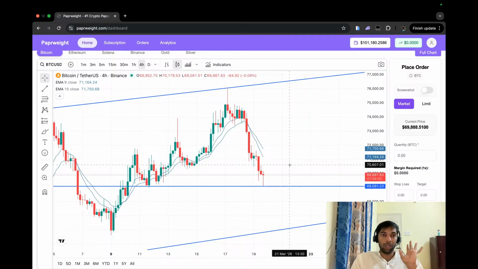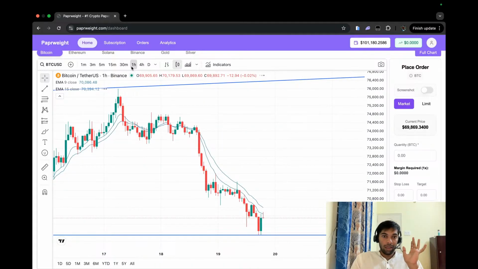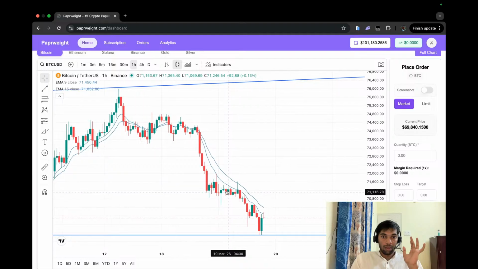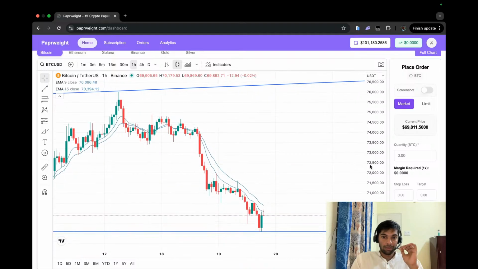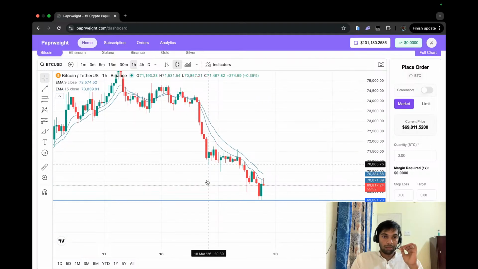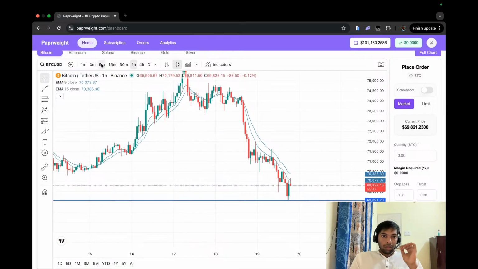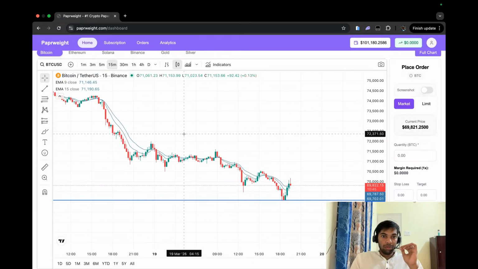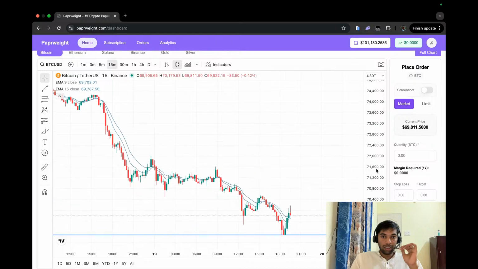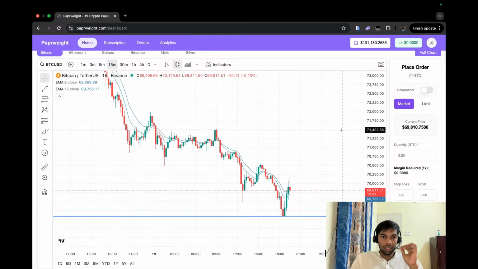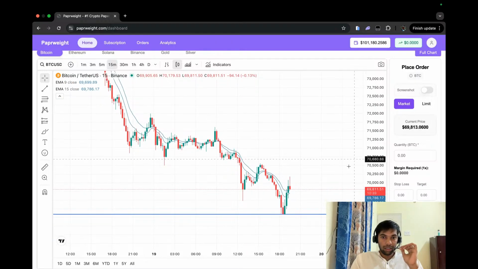That's the overall picture. Okay, so this is the 1 hour time frame, as you can see. On the 15 minute time frame, the picture is quite difficult and different than what we can see.